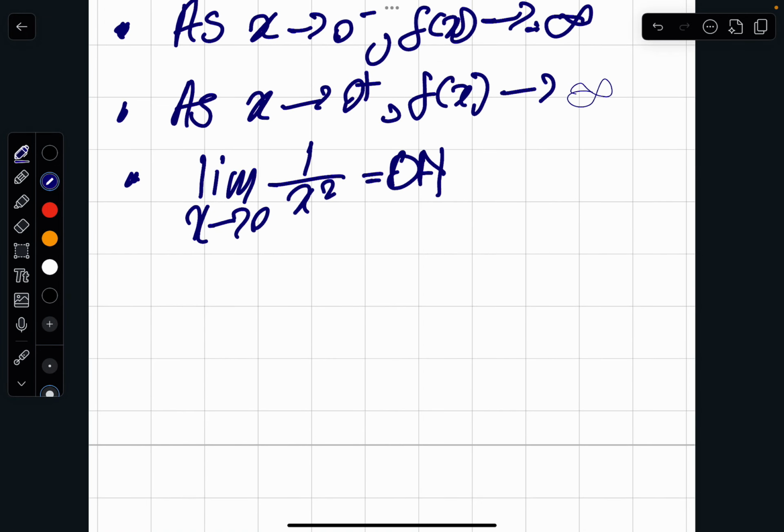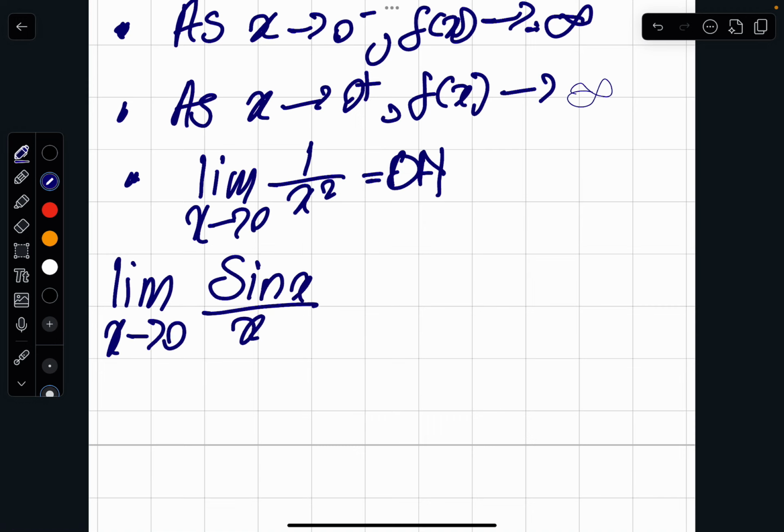The other one is the limit as x approaches 0 of sine x all over x.